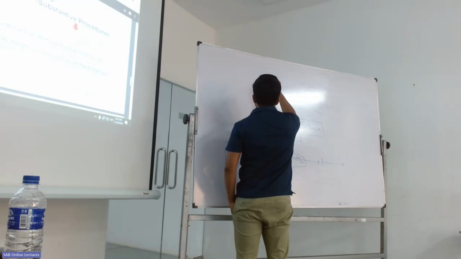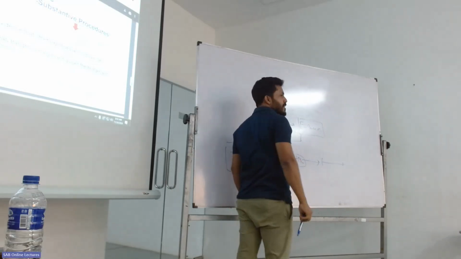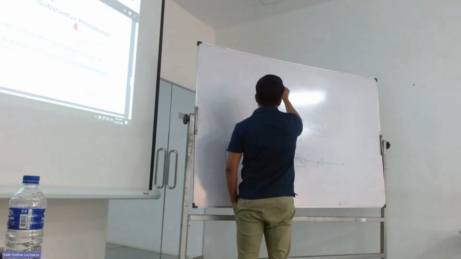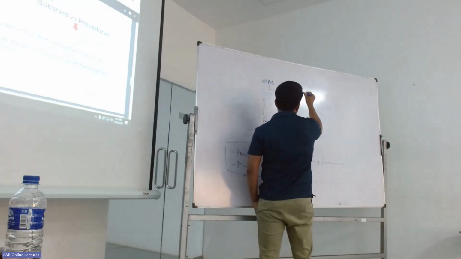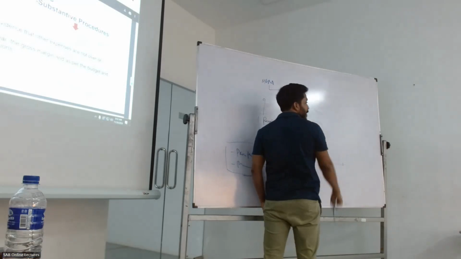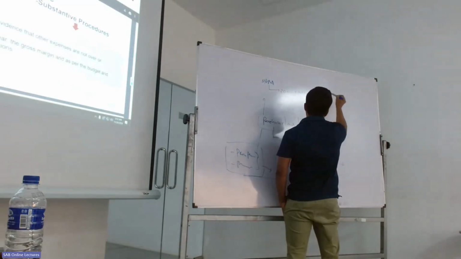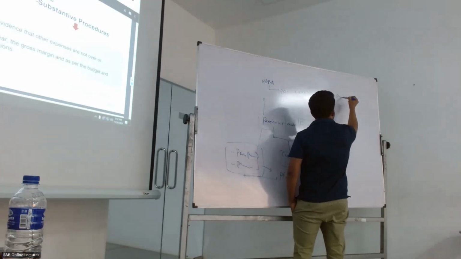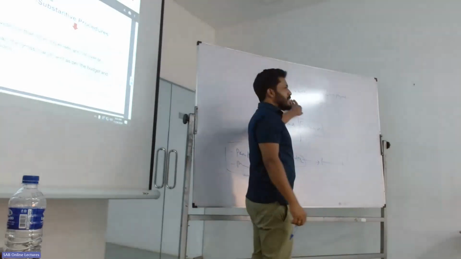Basically, MRN, material requisition, and then purchase order, and then GRN, and then invoice, and then payment. So then you have the process.